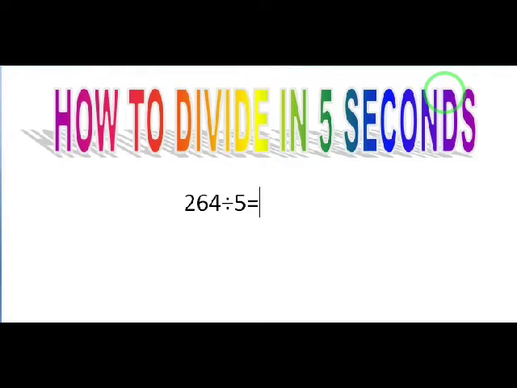Here we can apply this trick. So the first step is to multiply the dividend with 2. 264 is the dividend and 5 is the divisor. So at first we have to multiply the dividend with 2.